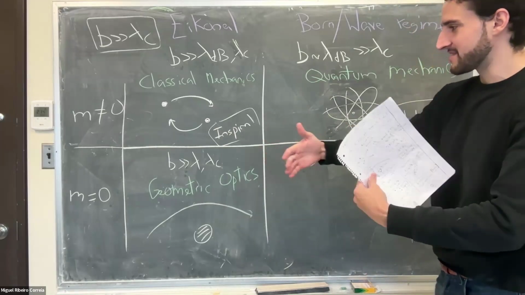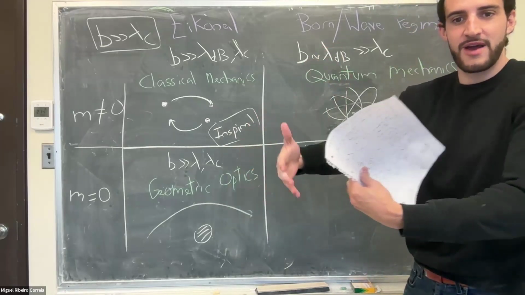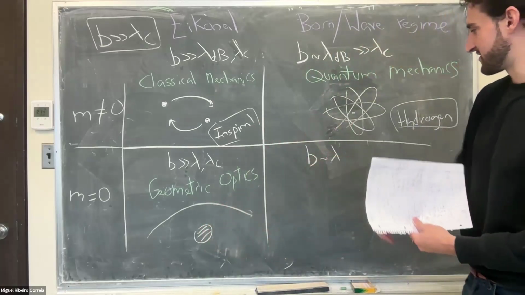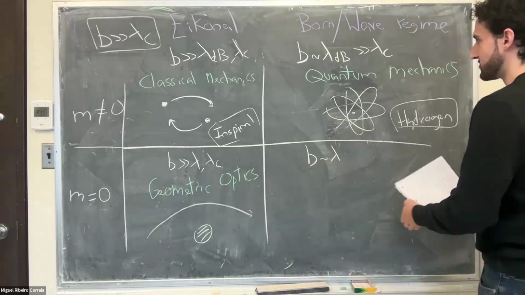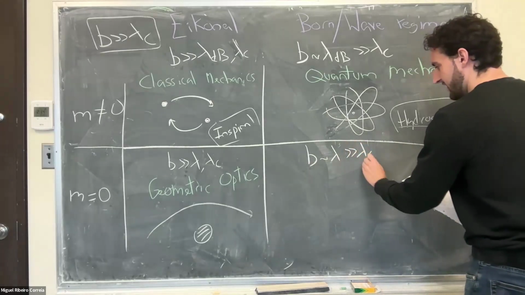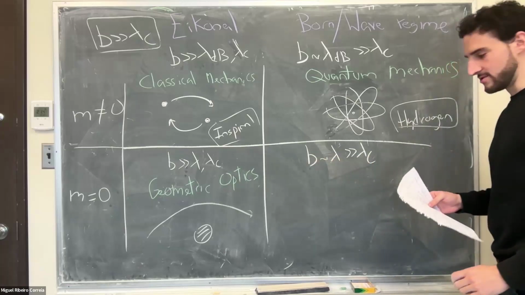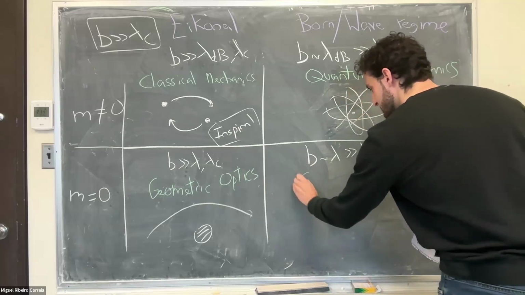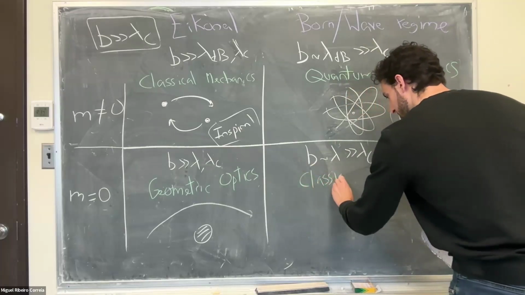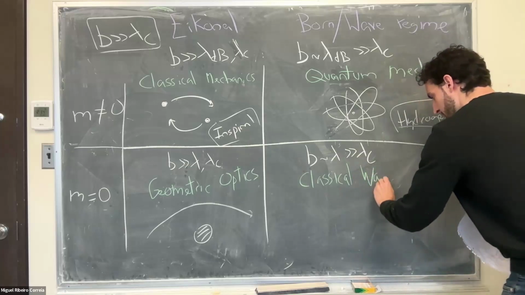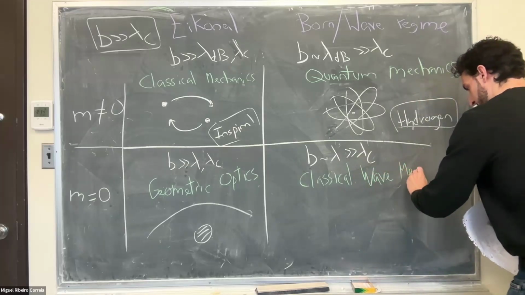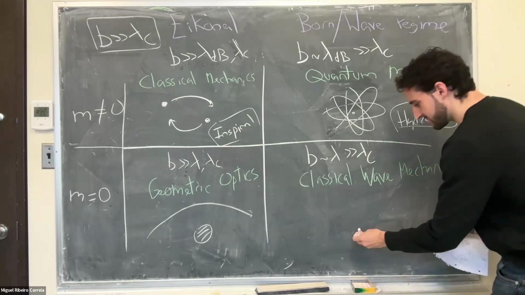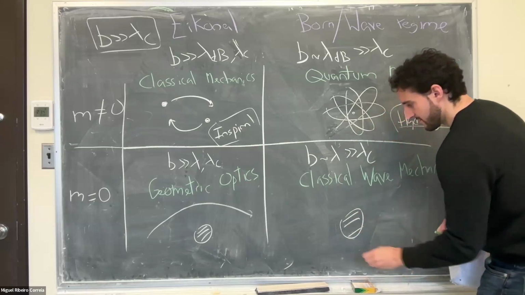The typical distance between this wave and the black hole, or the massive body, is of the same order as the wavelength, which is again much bigger than the Compton wavelength, so you suppress these QFT effects. And this will just be classical wave mechanics. For example, this would be exactly a scattering of a gravitational wave on a massive body.